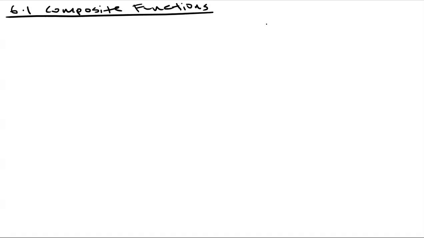Okay, so this section is dealing with composite functions, and what does that mean? Think about if you've ever heard of a Russian doll, like a nesting doll. If you open that doll, there's another doll embedded in it, and if you open that doll, there's another doll embedded in it. It's called a nesting doll.